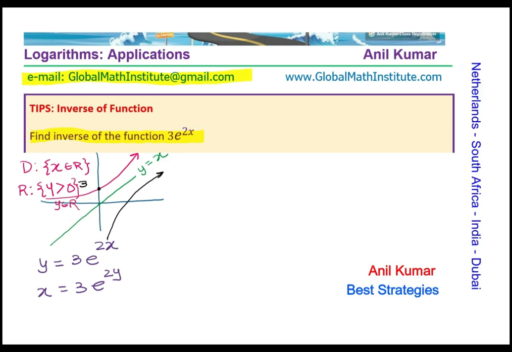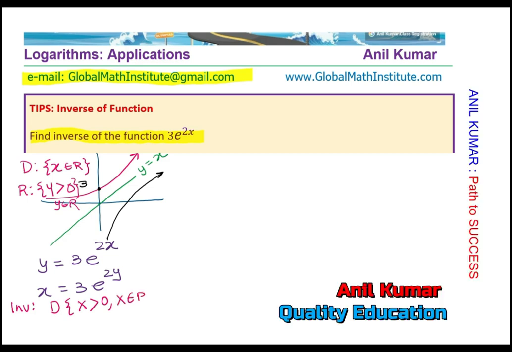Now, when you swap, the domain and range also swap. So for the inverse, what is the scenario? Domain now becomes x greater than 0, where x belongs to real numbers, and the range is y belongs to all real numbers.